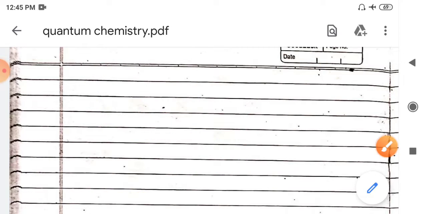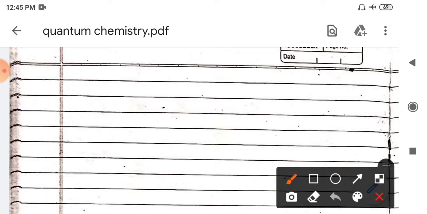For each variable, meaning the motion of the particle along each axis, we have to obtain a separate wave function and its solution. So this makes the whole derivation process very complex.